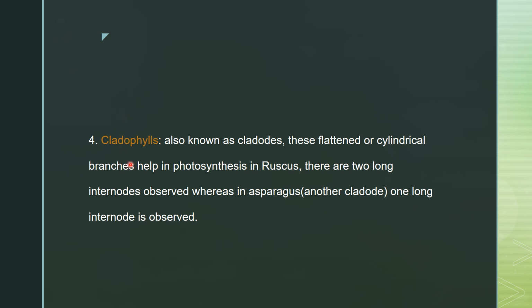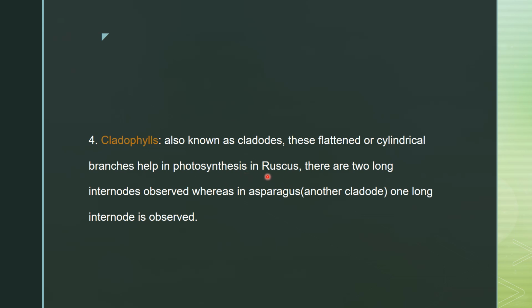Also we have cladophylls, also known as cladodes. Okay, these flattened or cylindrical branches help in photosynthesis because they have a green color.